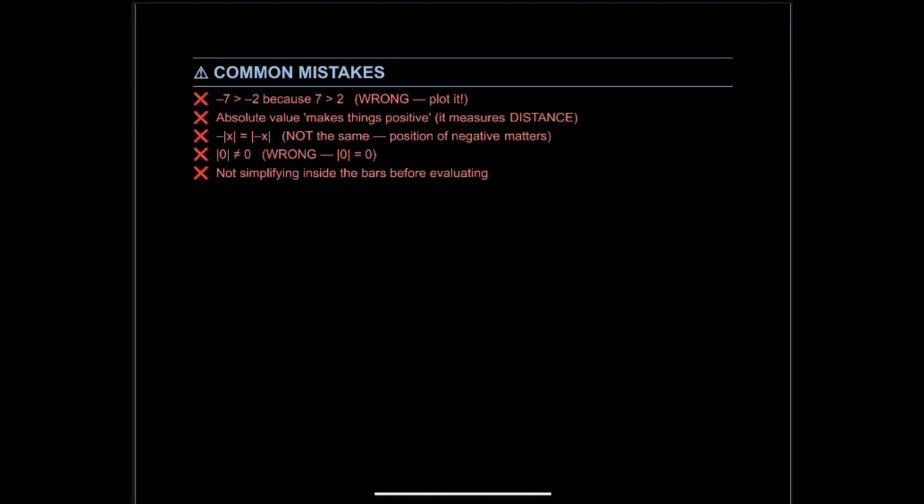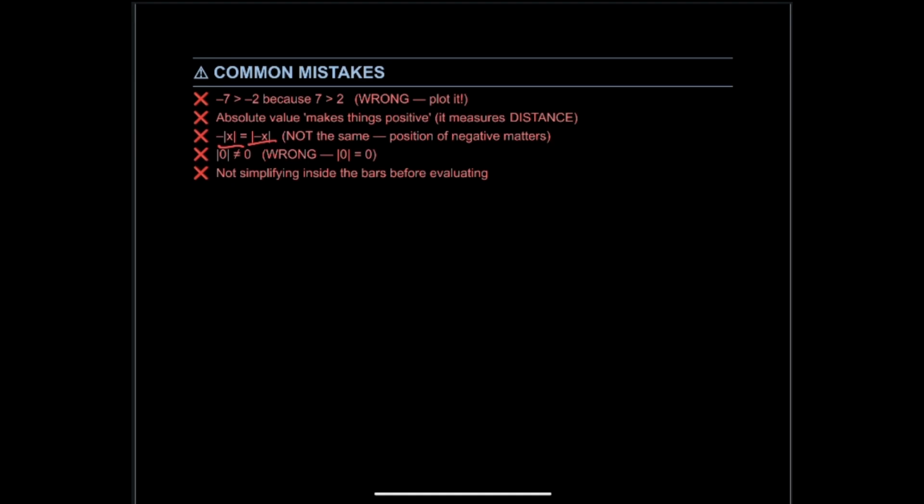Next, negative absolute value of x is not equal to the absolute value of negative x. Essentially, the first is saying we just want to find the negative value of the distance, but the second part is saying we want to know the absolute value of a negative value. Also, the absolute value of 0 does not equal 0. That's wrong. The absolute value of 0 is 0. That means it's 0 units away from 0.